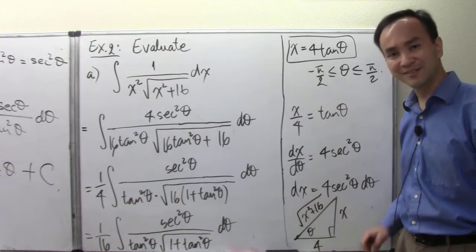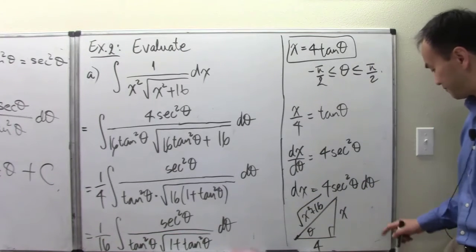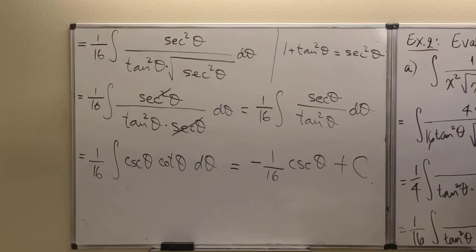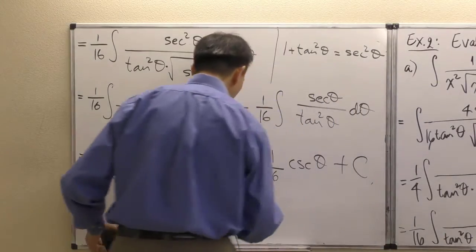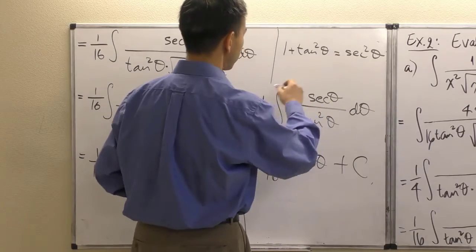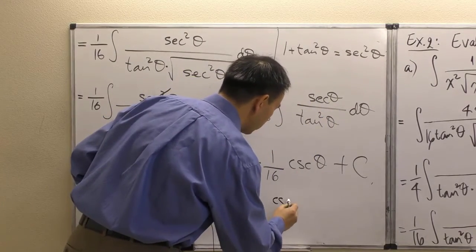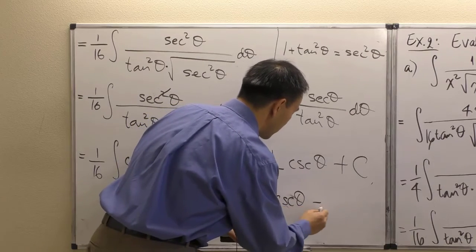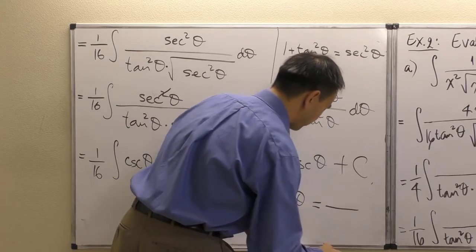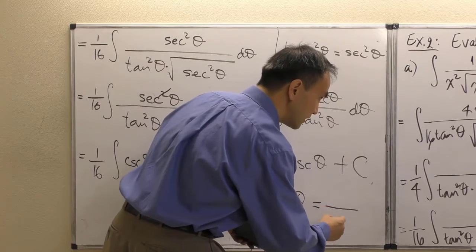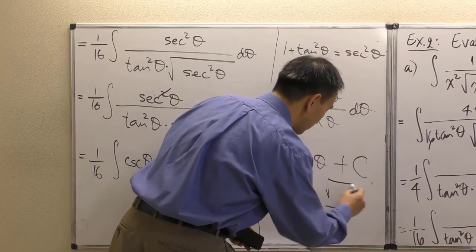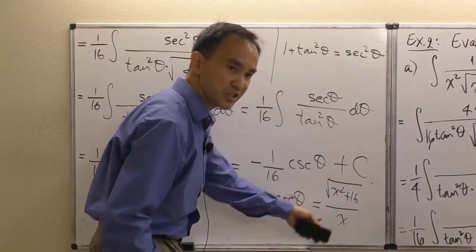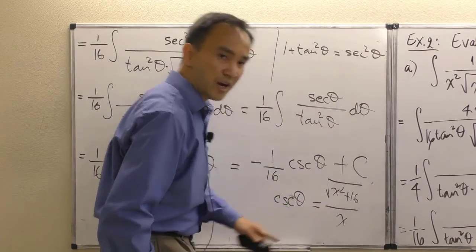I think my space here is a little too small, so let me jump to the other board and write down that quick note. Cosecant of theta in that triangle must be hypotenuse over opposite, so it has to be the square root of x squared plus 16 over x.